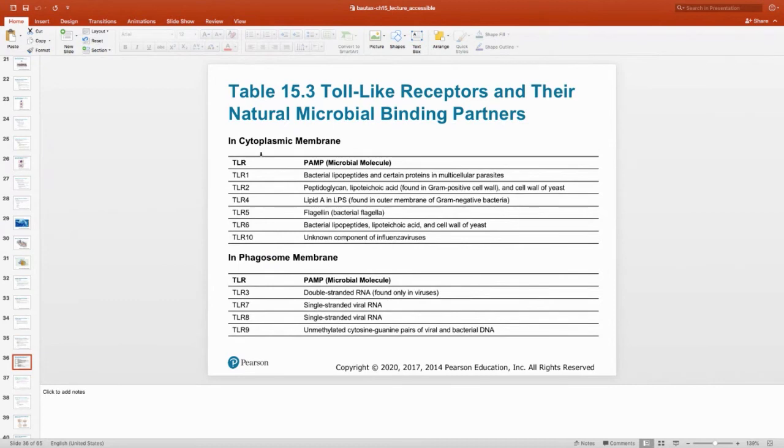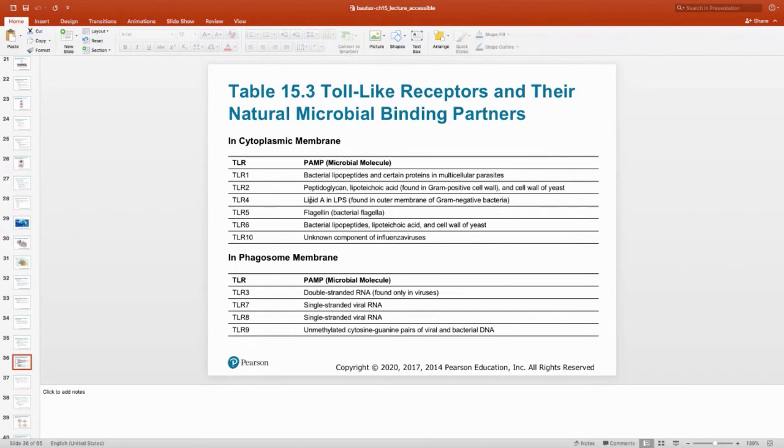So here are some of the toll-like receptors that we have found and what they do. The toll-like receptors are numbered, usually by when they were discovered. And then the toll-like receptors respond to what?